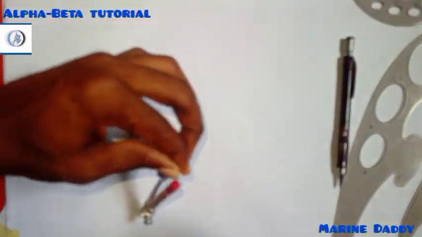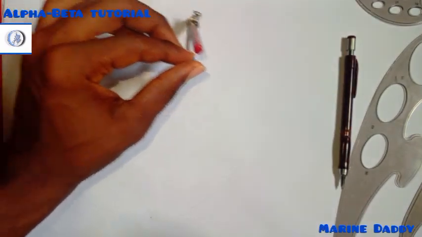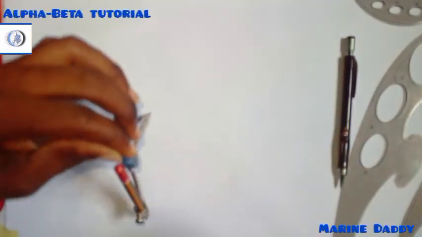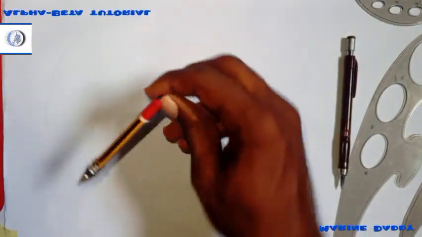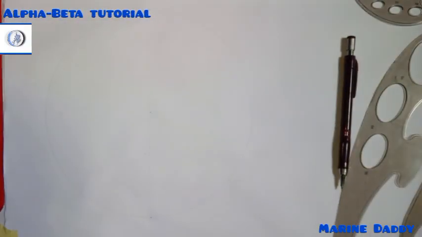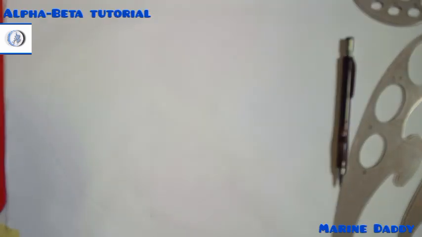I'm drawing this so it will be visible enough while I'm trying to explain. Normally, ellipse questions are not usually as large as this.